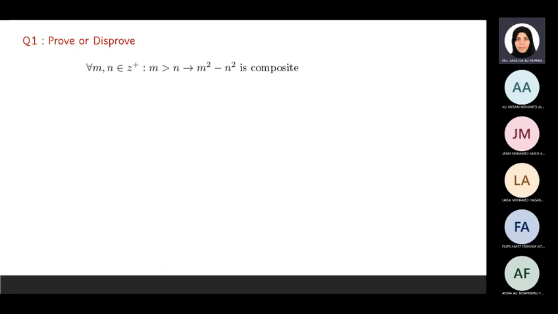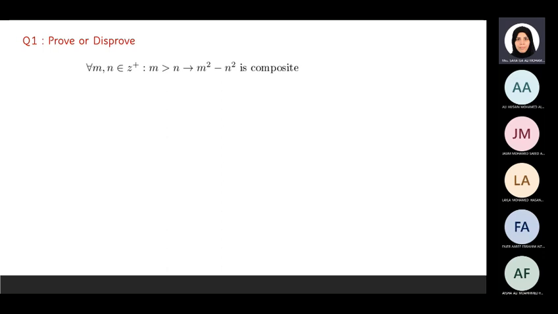And the positive integers include 1, 2, 3, 4, 5; 0 is not there. So when you give me a counterexample, you should give me something belonging to Z plus, because my domain is Z plus. The statement says if m is greater than n, then I can conclude that m square minus n square is a composite number.